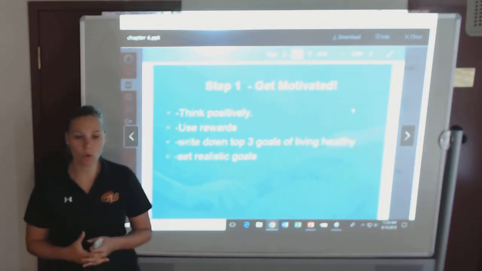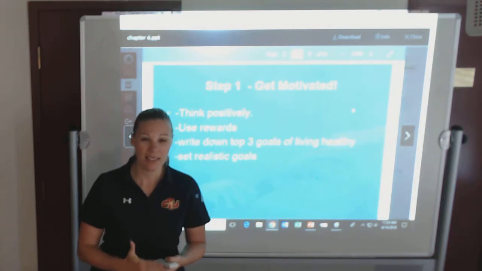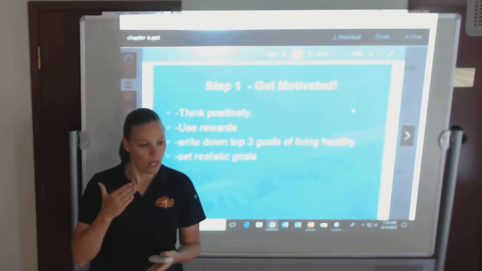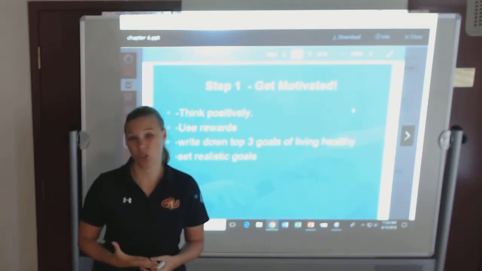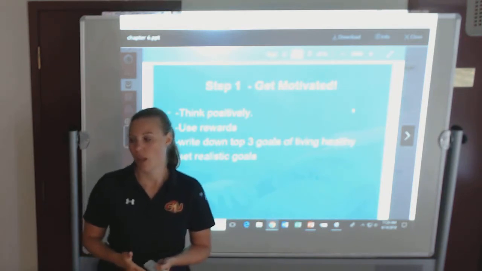And so using rewards such as, well, in 2 months time I'm going to lose 8 pounds, that might be enough to go down to a dress size. And so then that means I'm gonna go out and buy a new shirt, or a new pair of shorts because I got down to that weight goal.